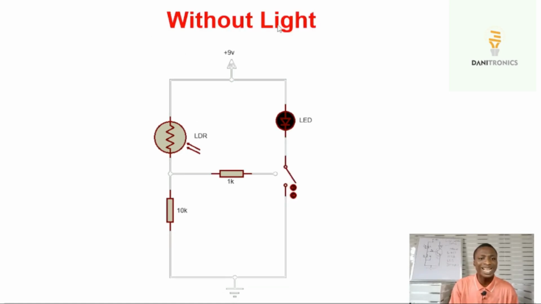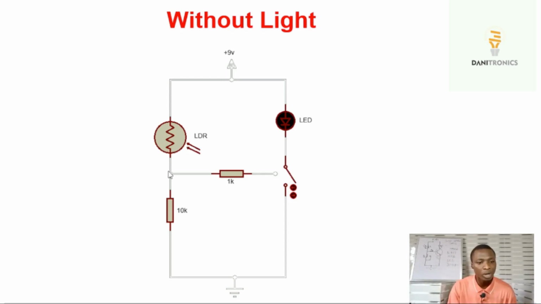So when there is no light, let's assume there's no light falling on the surface of the LDR, the resistance of the LDR at that point is very high, about 1,000,000 ohms. That's 1 mega ohm, very high. And because the current flowing from the 9-volt battery is not able to flow through, because this high resistance will oppose the flow of current, the current from the 9-volt battery cannot overcome this.